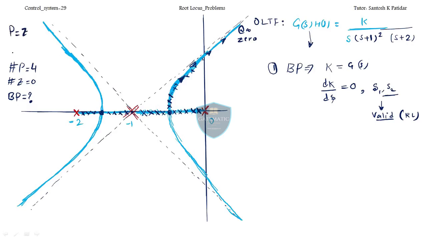P should be equal to Z. P are 4 over here, so definitely we'll be having 4 zeros but at infinities. So one zero will be over here. Let's take it Z1. One will be over here, this is Z2. This is Z3 I'm taking, and this is Z4. All are at infinity. I think you will be understanding this.